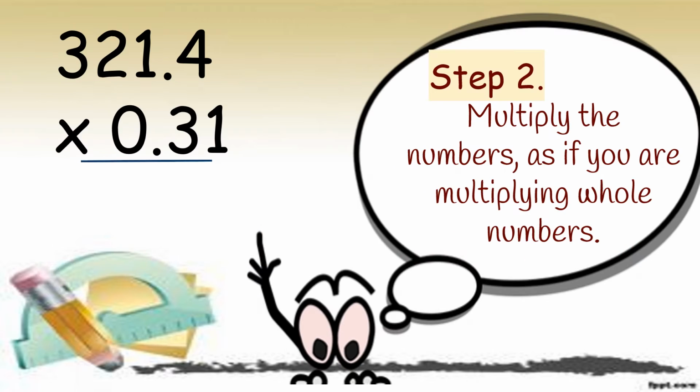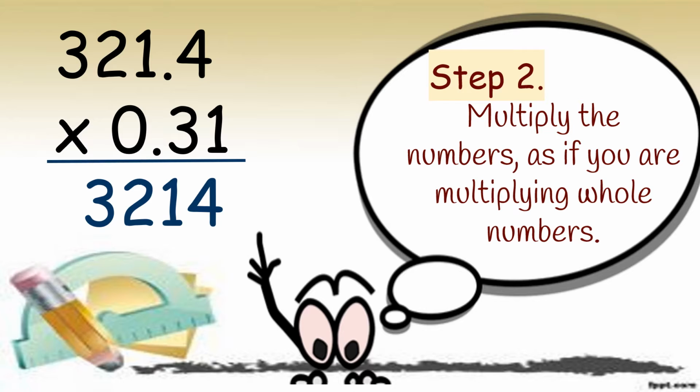On the second step, we multiply the numbers as if you are multiplying whole numbers. For 321.4 times 0.31, we will just multiply first the first number on the right side of the second factor. So we have 1 times 4, 1 times 1, 1 times 2, and 1 times 3.